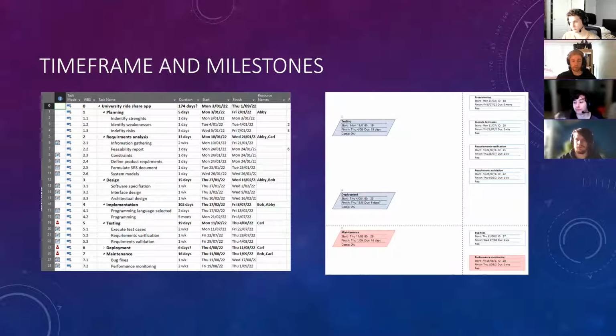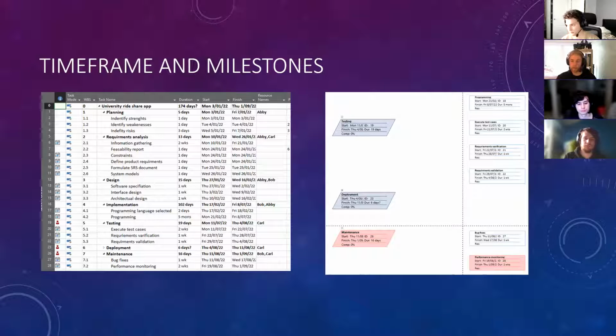Then deployment generally occurs within a week, and it could be rolled out incrementally, or it can be a full-on rollout. Also, maintenance is a continual process. Bug fixes are commenced if bugs are identified, and performance monitoring obviously continues throughout the duration of the operation of the software.